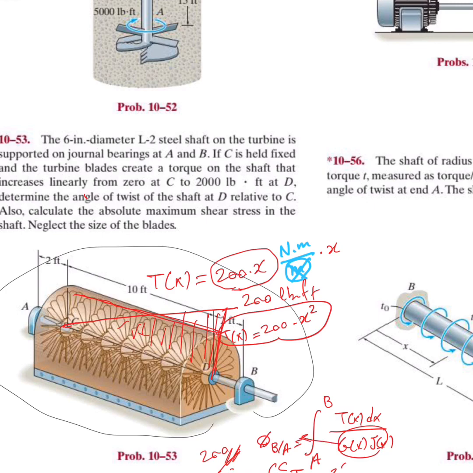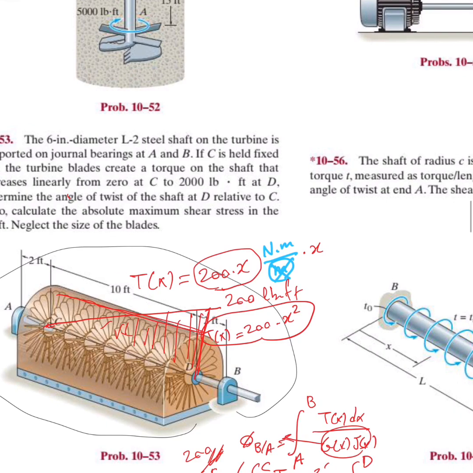So let's bring it out here: 1 over GJ plus the integral from C to D of T of x. Now you put T of x, which is 200 x squared dx, and GJ we already took out right here.